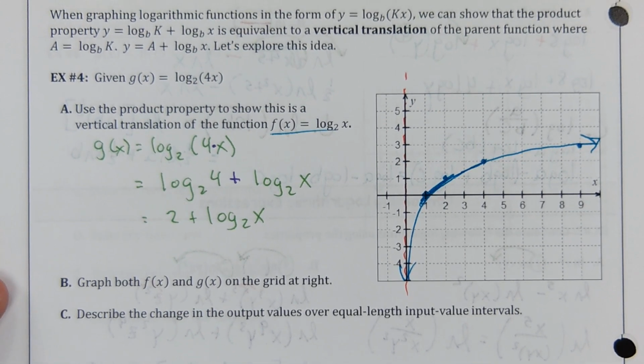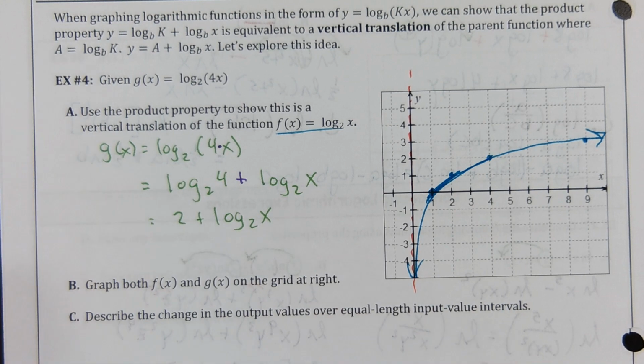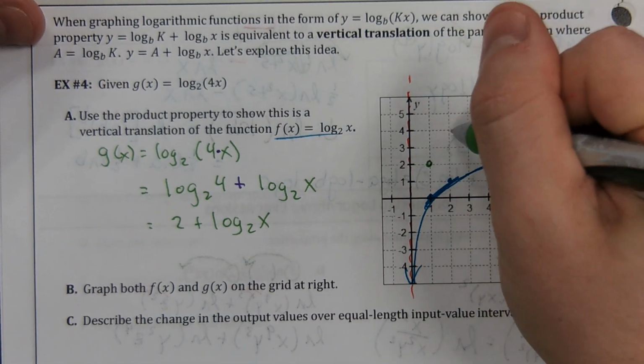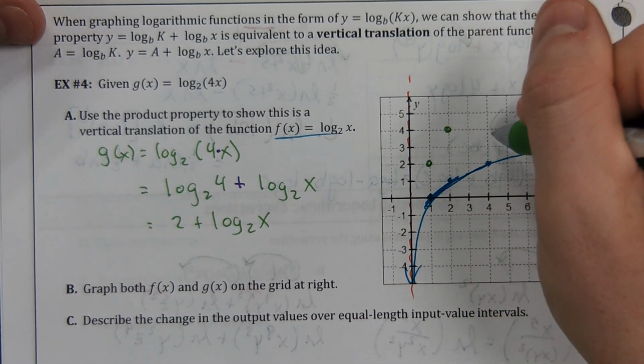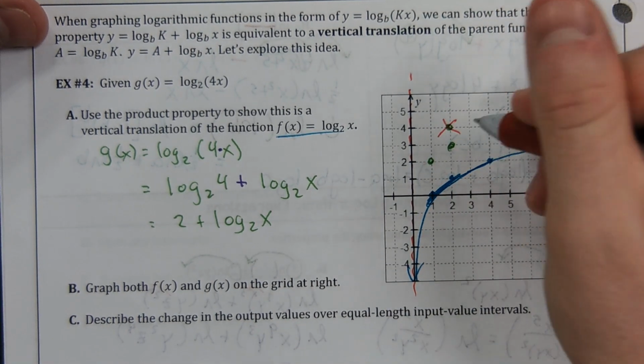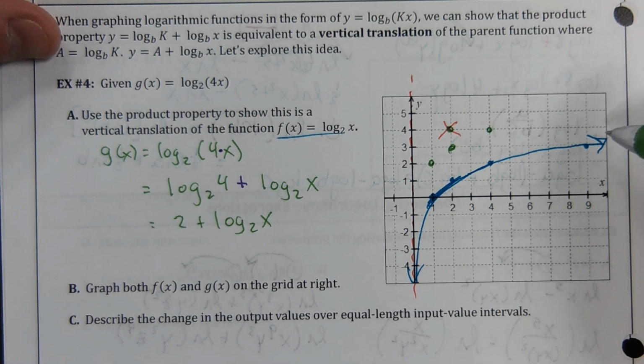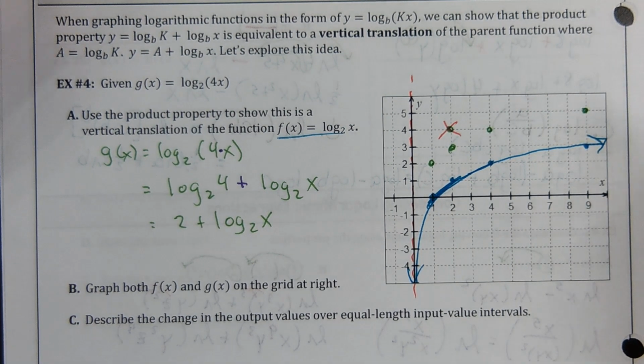And we'll do g of x in green. Shift everything up 2. Here, here. Uh-oh. I counted wrong.